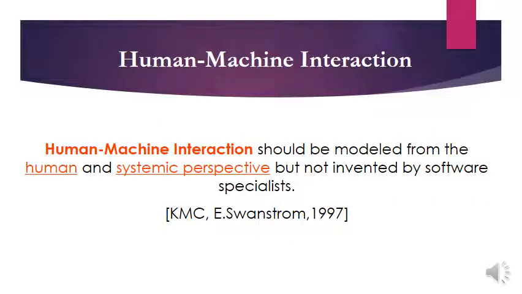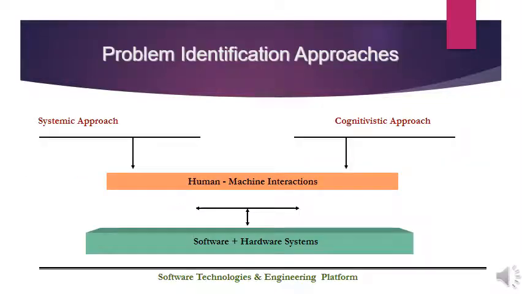In 1997, Swan Storm emphasized that human-machine interaction should be modeled from the human and systemic perspective, not invented by software specialists. This is what Swan Storm means. To design a machine, thorough problem identification must be conducted.